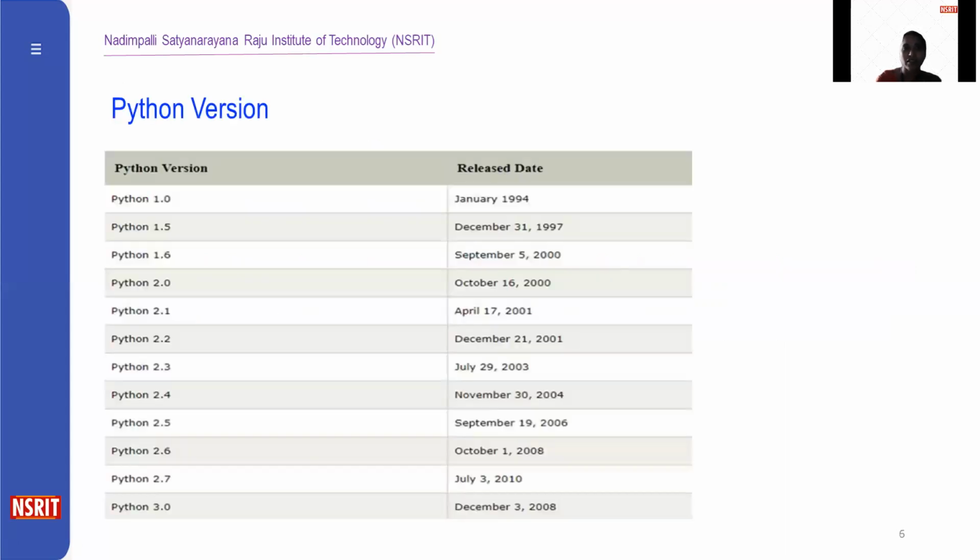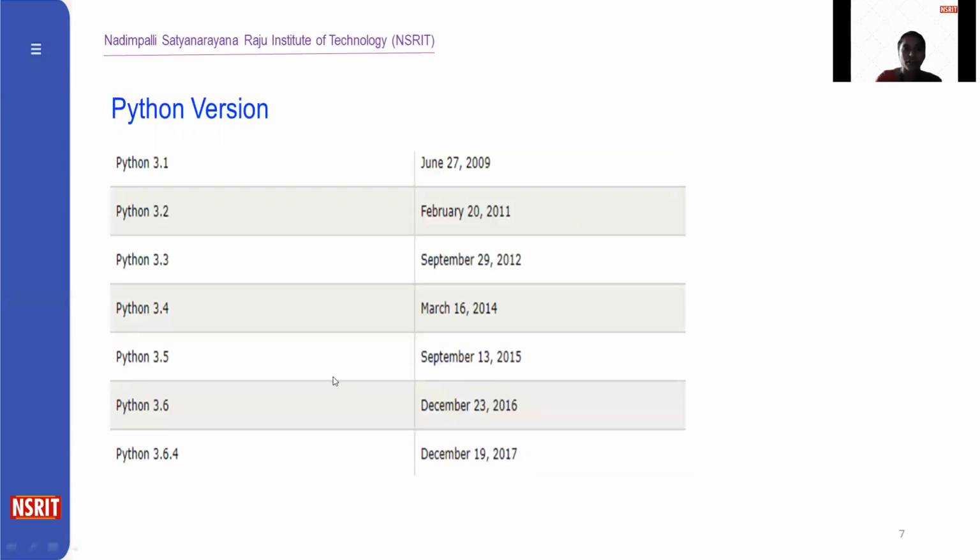So coming to the Python versions, these are the Python versions that come under the series of Python 1.0, Python 2.0, and Python 3.0. Now the latest version of Python is Python 3.8. So now we are using the Python 3.8 version for doing the programs.